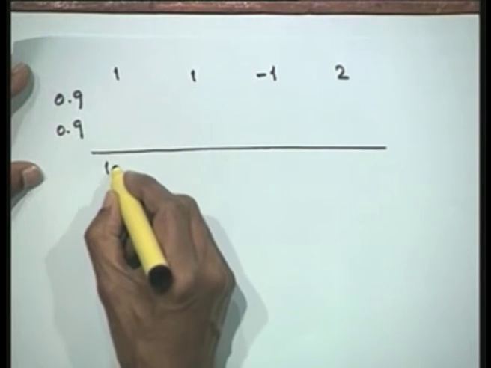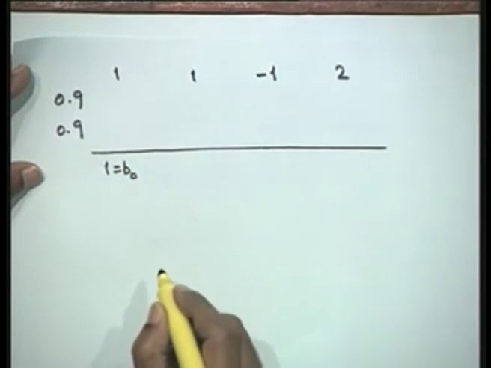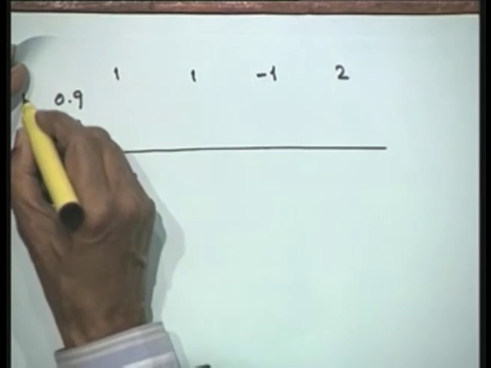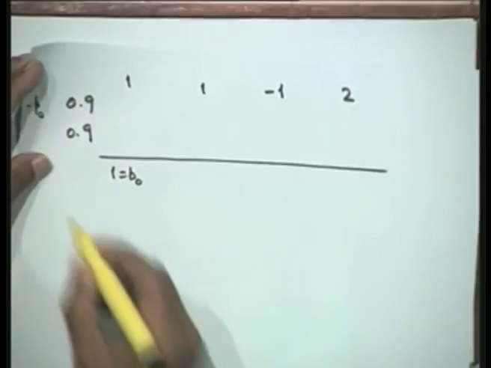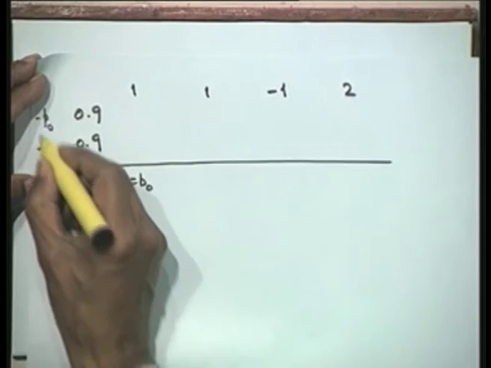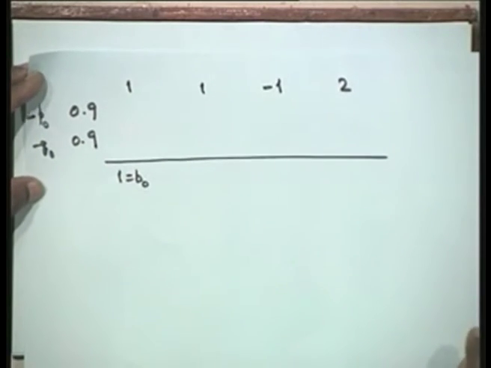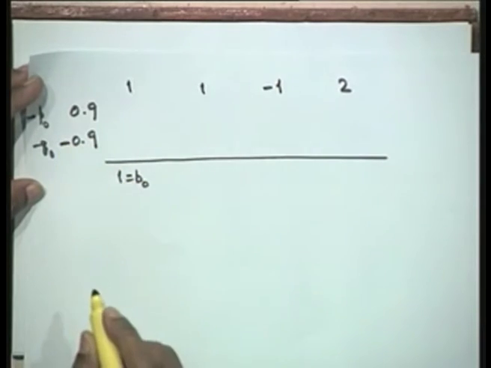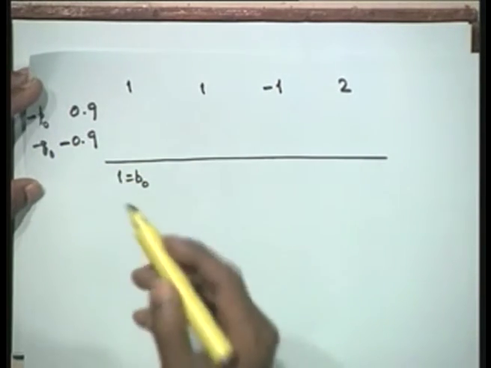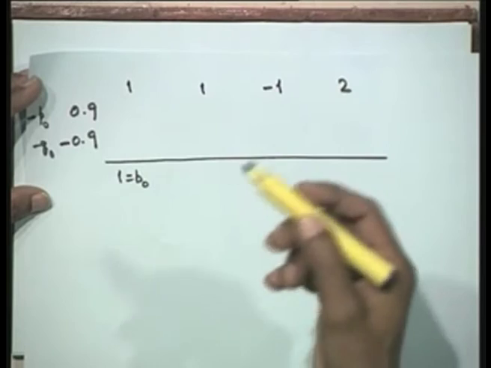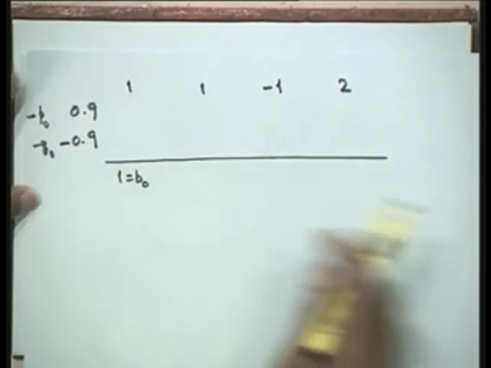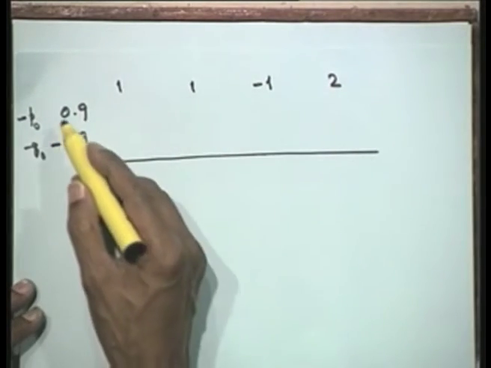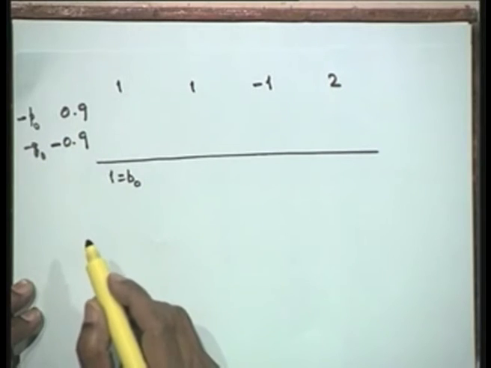Therefore, I get 1, that is equal to b0. This is minus p0, minus q0, minus 0.9, because we are extracting the factor x square plus px plus q. So, we will be performing the synthetic division with minus p0, minus q0.